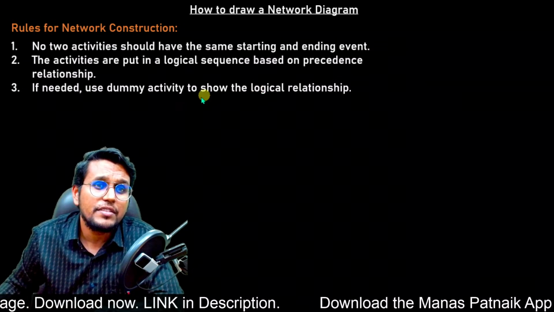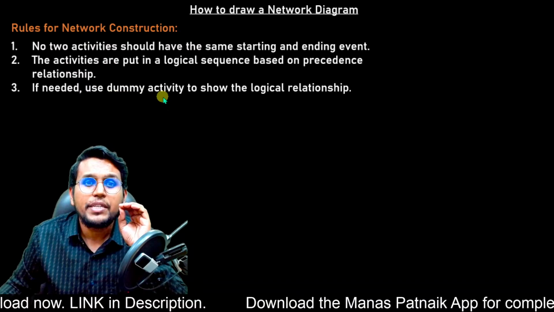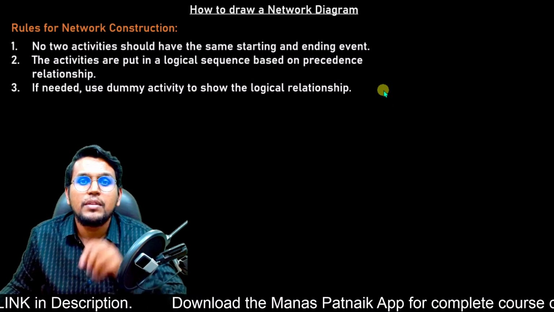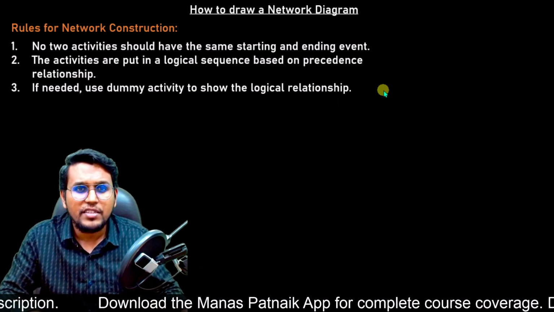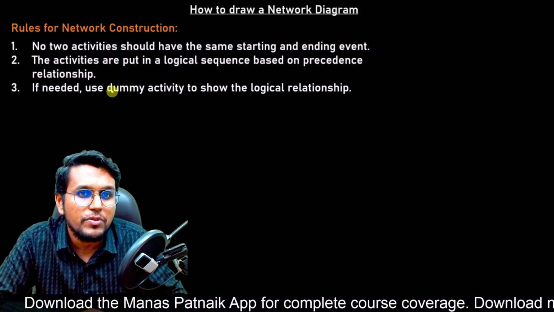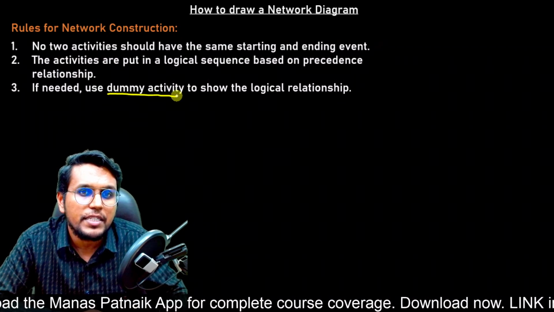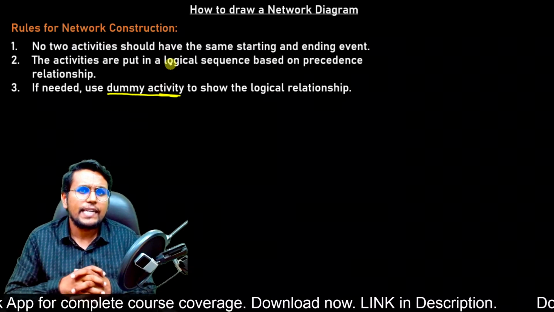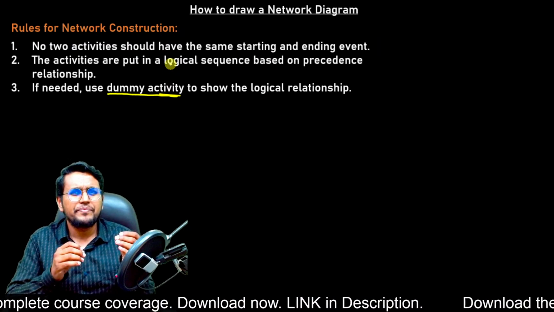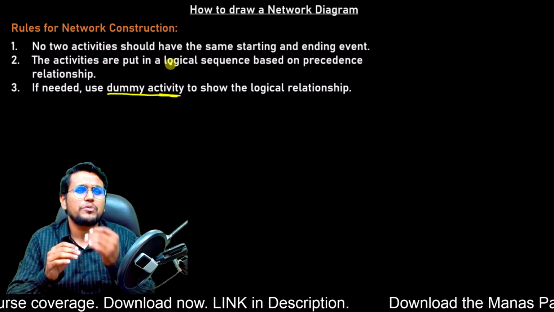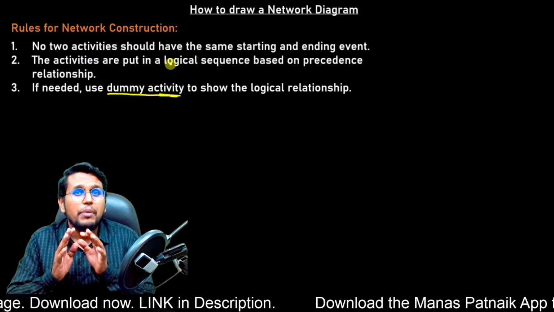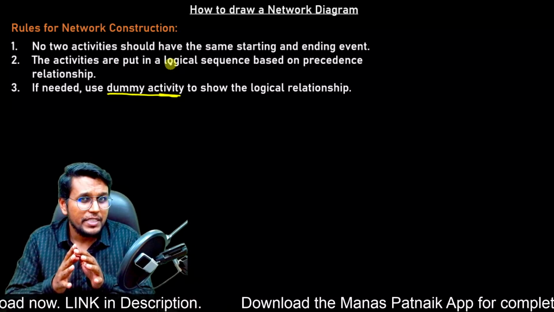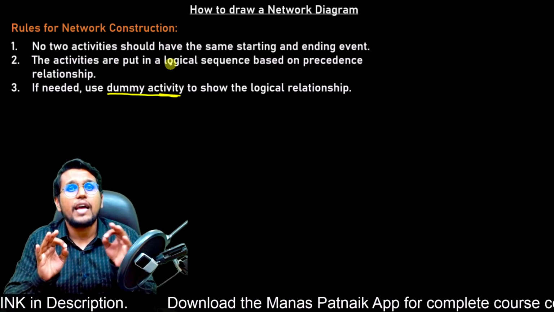Now the third rule is, if needed, use a dummy activity to show logical relationship. This is one big word that we need to remember, dummy activity. Now what is this dummy activity? We have talked about how an activity is physical, which consumes energy, which consumes money, which consumes time. But when we are talking about a dummy activity, it isn't a real activity.